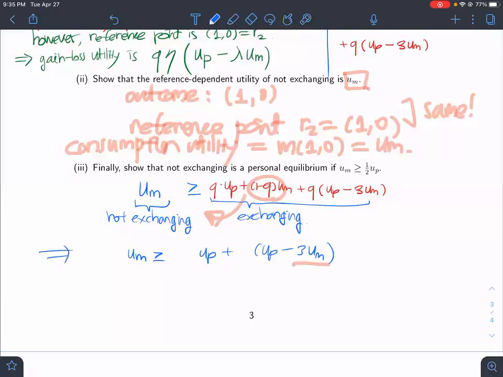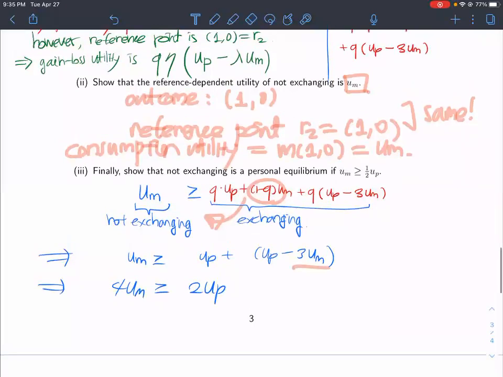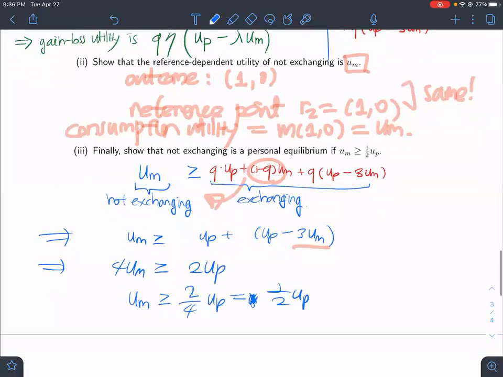Then I will have 4UM greater than 2UP. So there are 2 UPs at the right-hand side. So UM should be greater than 2 over 4 UP, which is 1 over 2 UP. Any questions?